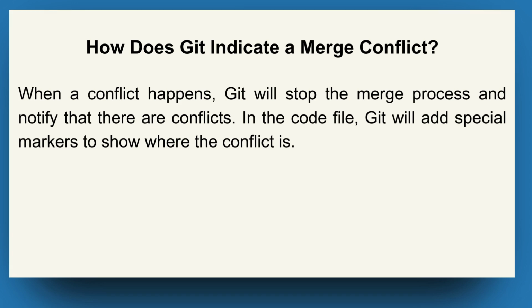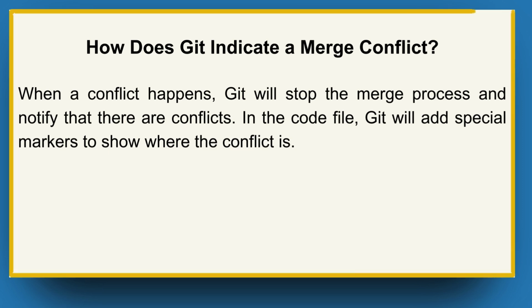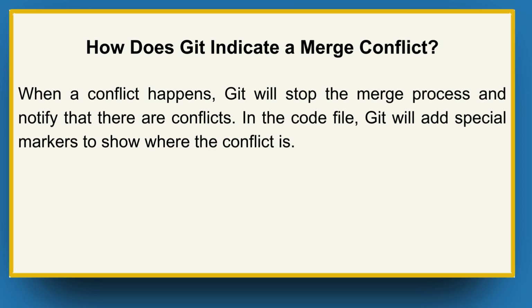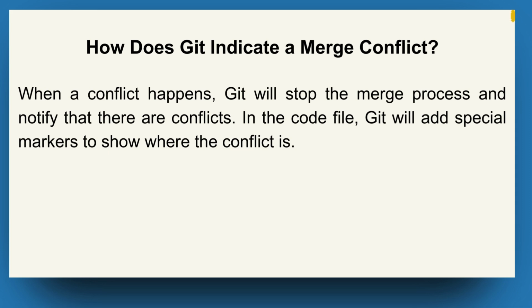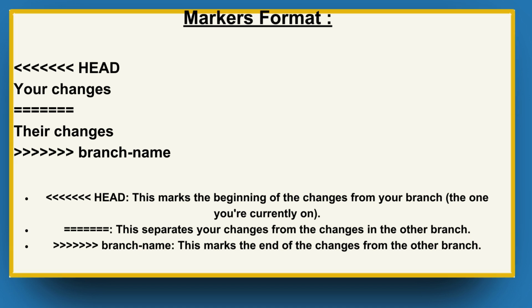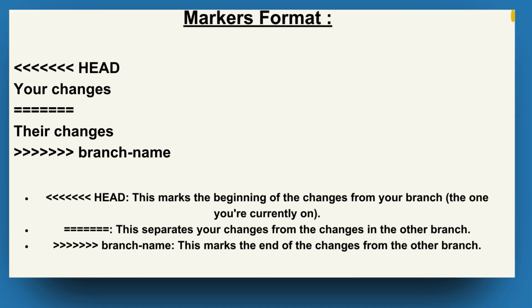How does Git indicate a merge conflict? When a conflict happens, Git will stop the merge process and inform you that there are conflicts. In the code file, Git will add special markers to show you where the conflict is. So this is the structure in which Git shows the merge conflict. HEAD means the branch in which you are currently.